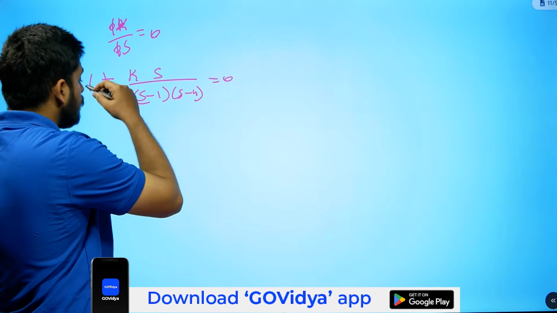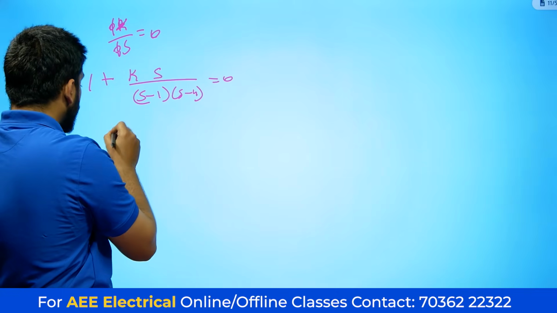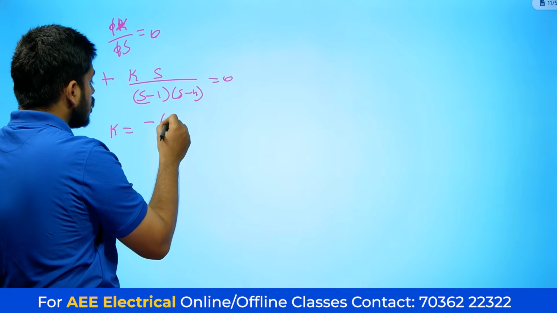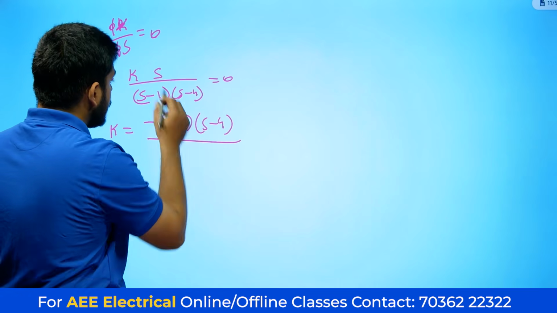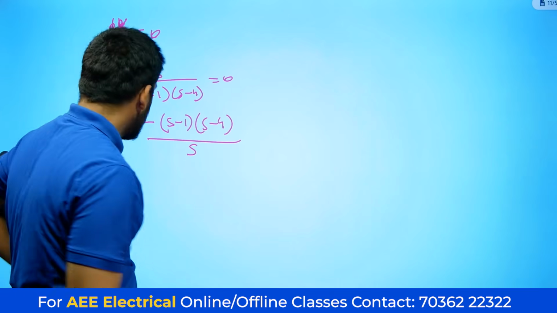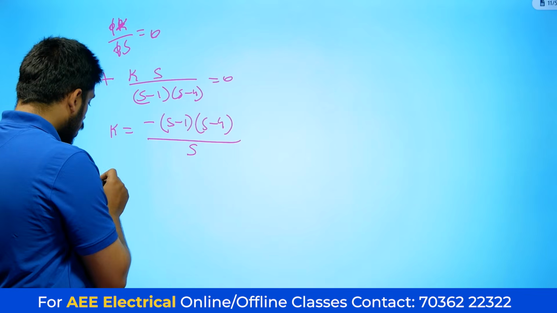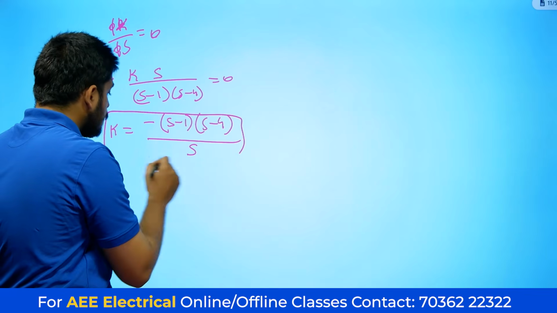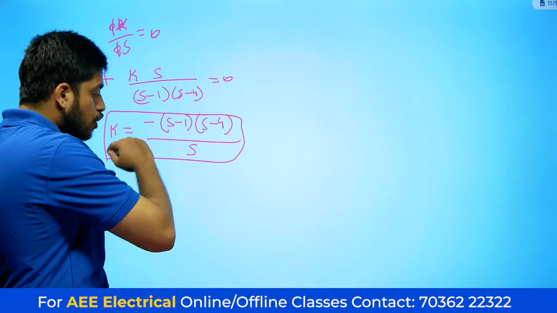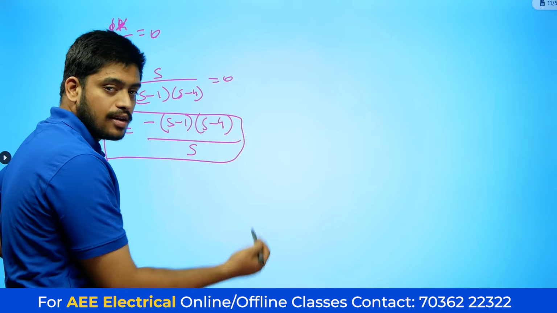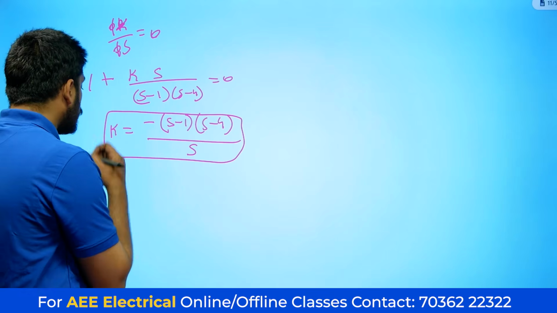From this I am sending 1 to the other side, so it becomes minus 1. And what is the K value? Minus (S minus 1)(S minus 4) whole divided by S. So this is my K value. We will find some breakpoint and substitute in this equation to get the value of gain, but before that we are going to see whether it is a valid breakpoint or not.